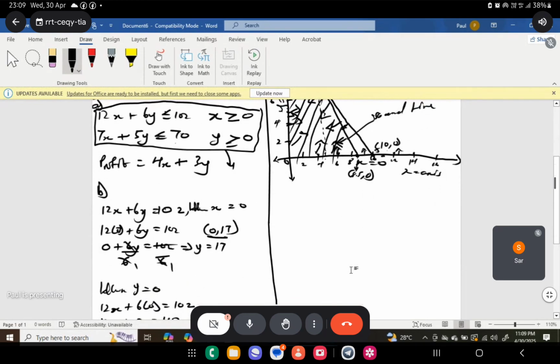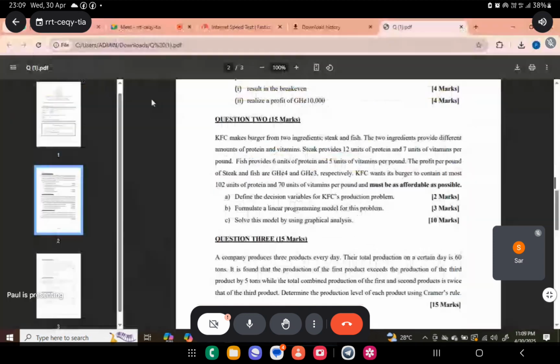Okay. Now, from here, we say the profit function is equal to 4x plus 3y. Now, the profit function will give you a criteria whether to maximize profit or to minimize profit.